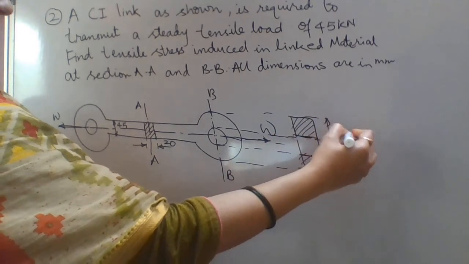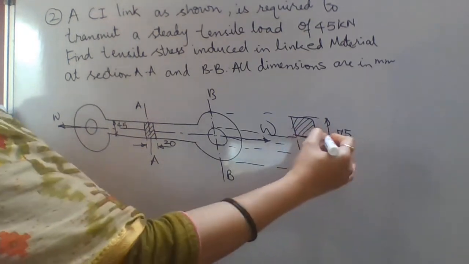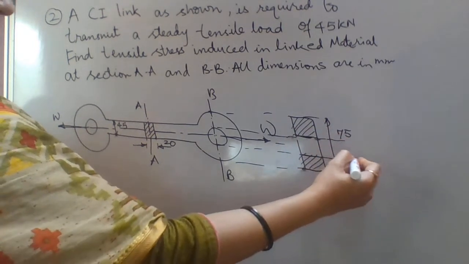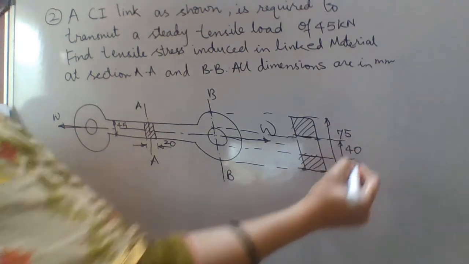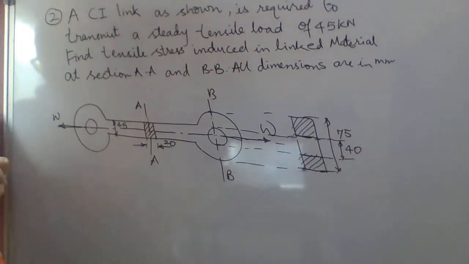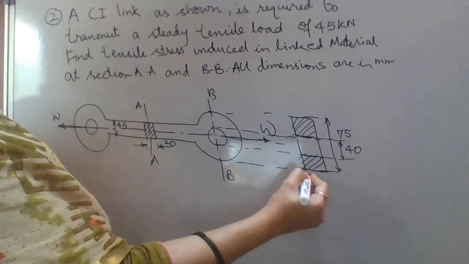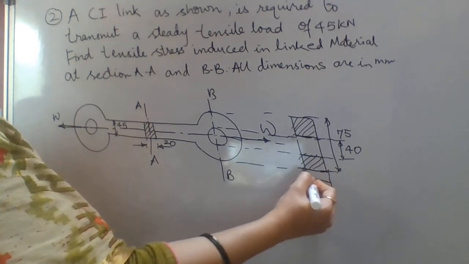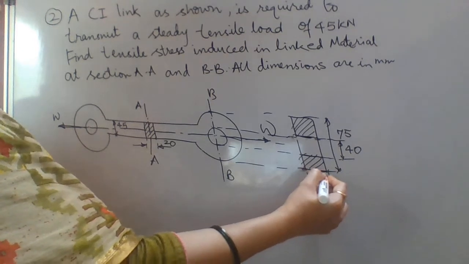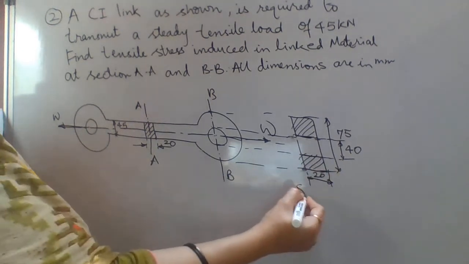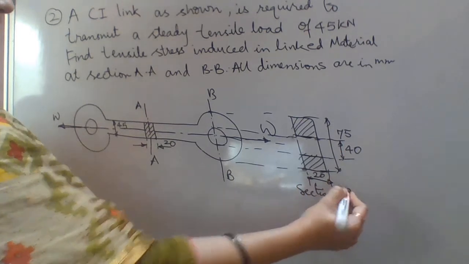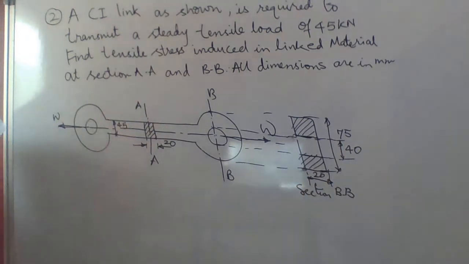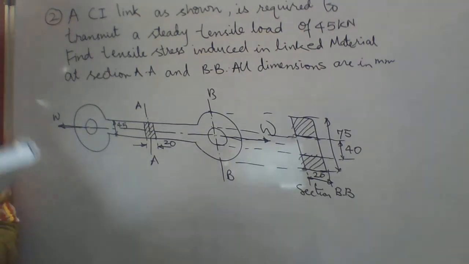This is 75 and this is 40. This width is 20. This side view is given for section BB. So this is the diagram given.